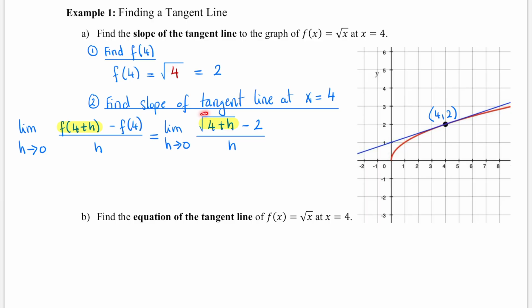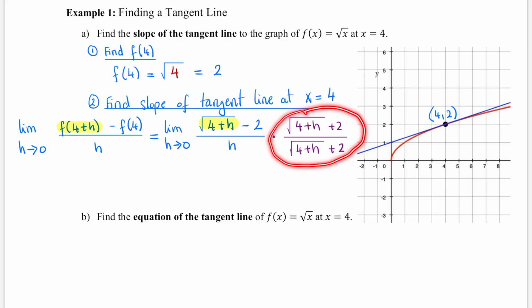When we see a square root like this, a common trick is multiplying by the conjugate. The conjugate of square root of 4 plus h minus 2 is square root of 4 plus h plus 2. So we multiply the numerator by the conjugate and the denominator by the conjugate. This does not change the value because we're multiplying by 1.